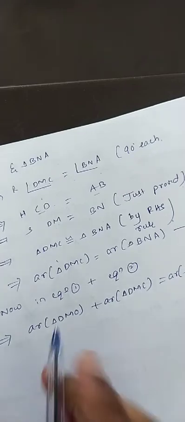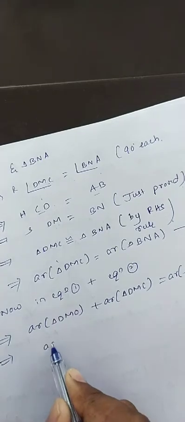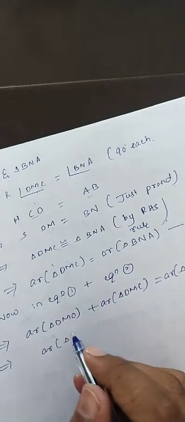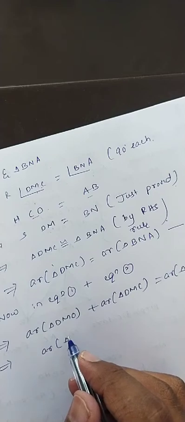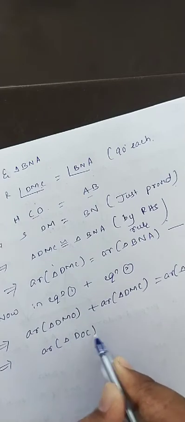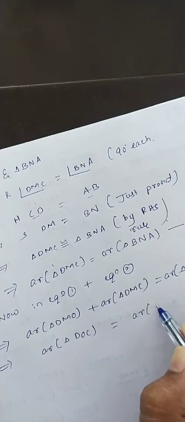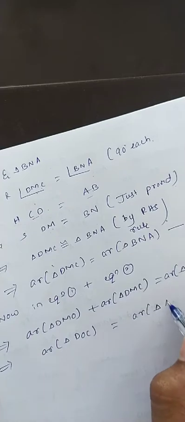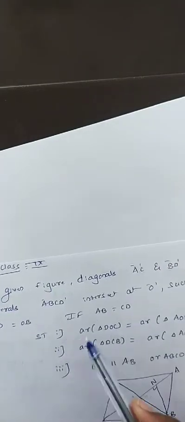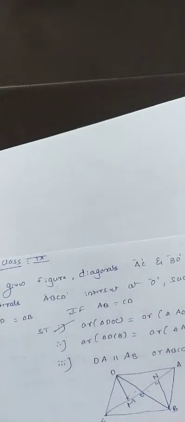So I have added equation 1 and equation 2. From equation 1 and equation 2, I get area of triangle DMO plus area of triangle DMC, which is area of triangle DOC, is equal to area of triangle AOB. Okay, so this is your first point, that is, area of triangle DOC is equal to area of triangle AOB.